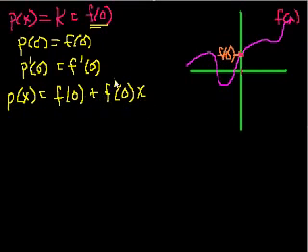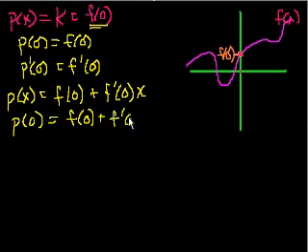So this is a polynomial. I just added a first degree term here. I had a constant, and now I'm adding a first degree term. And let me confirm that this will have the same derivative. First of all, let's confirm that p of 0 is equal to f of 0. Well, p of 0 is equal to f of 0 plus f prime of 0 times 0. Well, this last term just goes to nothing, right? Times 0. So that checks out.